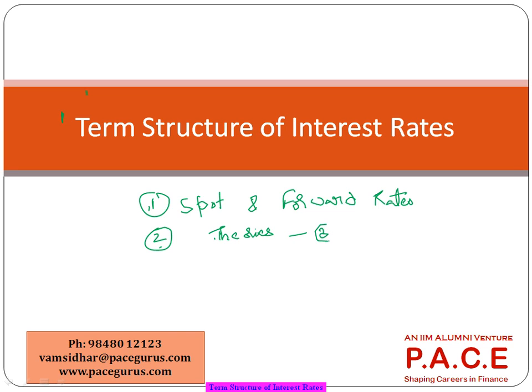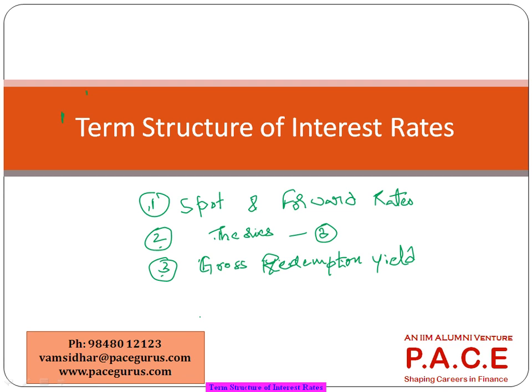We'll talk about three different theories that drive the term structures of interest rates, so we'll be spending some time on that. Towards the end, we will also look at what we call gross redemption yield when we talk about interest rates and bonds.